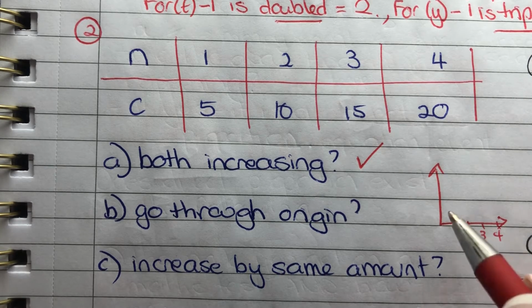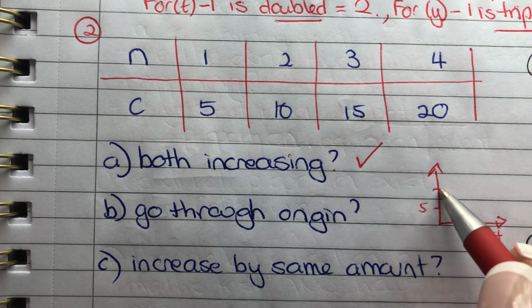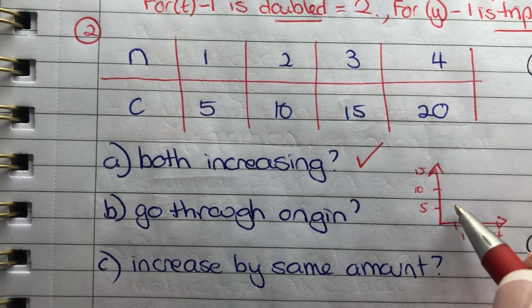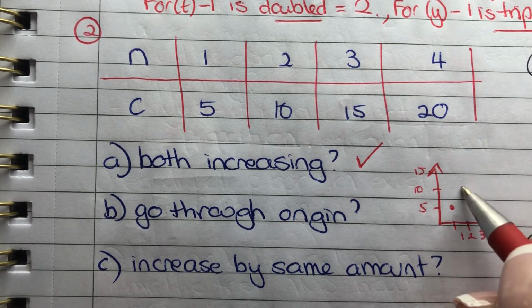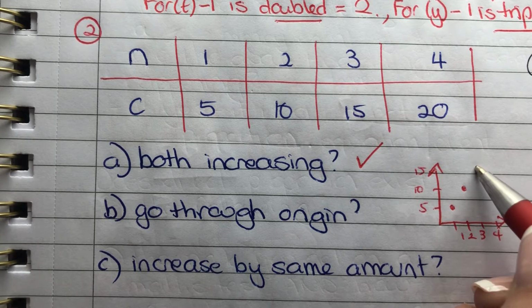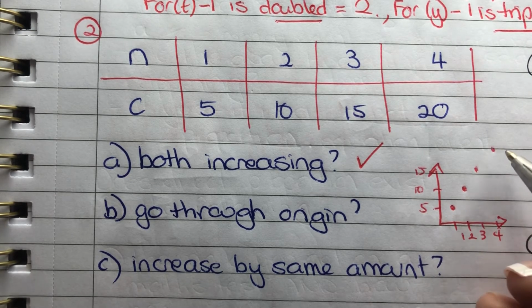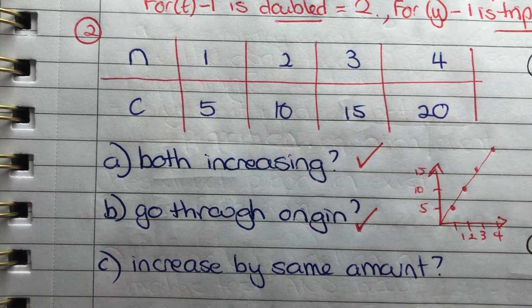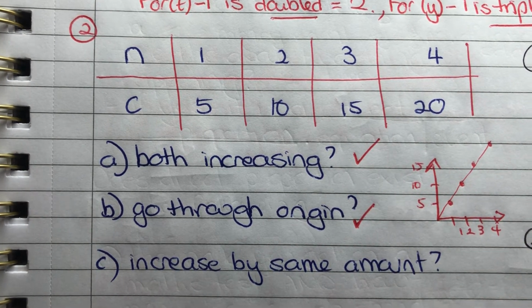When I say quick, if it's not done accurately, then it won't work. We can plot 1, 5, 2, 10, 3, 15, and 4, 20. If you continue that line along, you would see that it's going to go through 0, 0. In a minute we can look at another way of checking that.